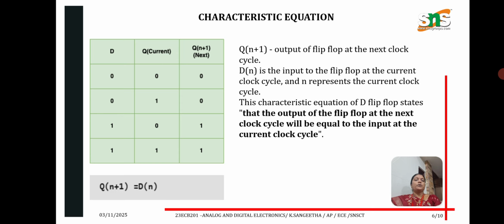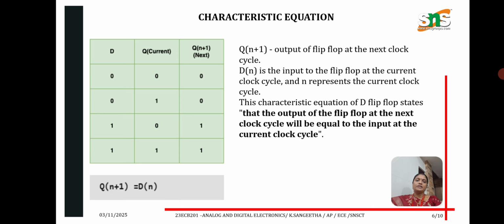So Qn plus 1 is the output of the flip-flop at the next cycle, and D of n is the input to the flip-flop at the current clock cycle. This characteristic equation of the D flip-flop states that the output of the flip-flop at the next clock cycle will be equal to the input of the current clock cycle.